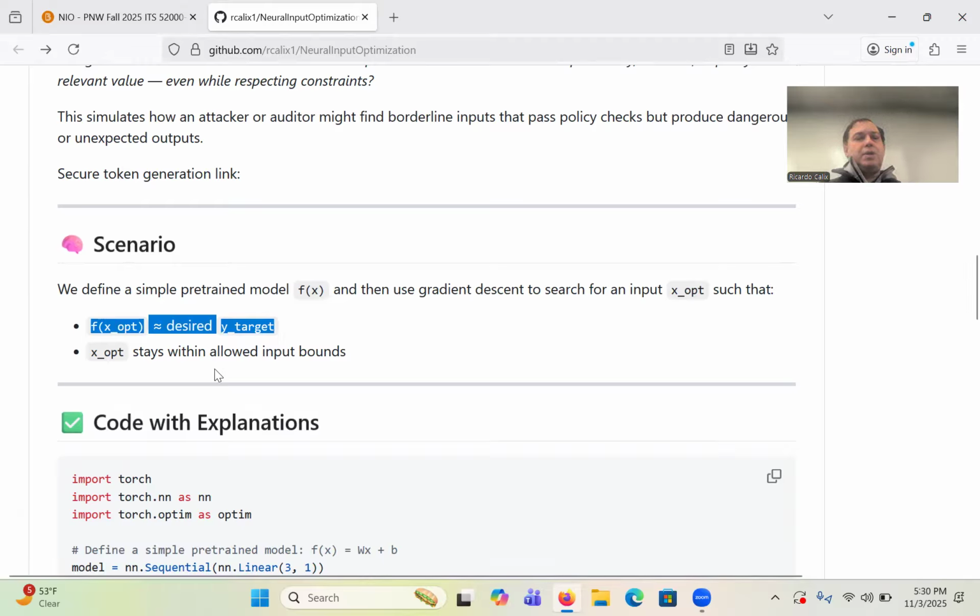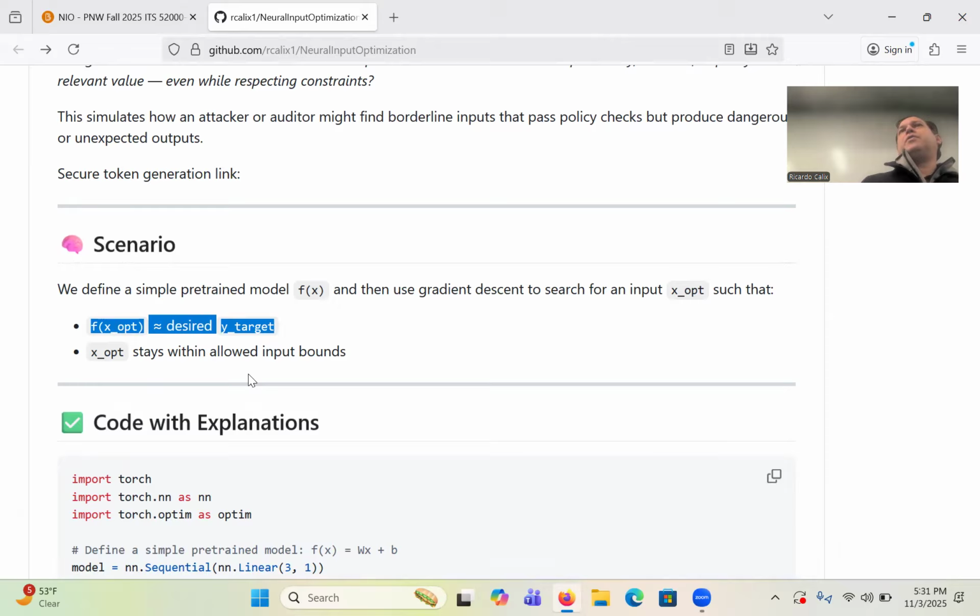So x_opt stays, and also we can constrain the range of values of the y target, or also constrain the values of the input, right? So for instance, there are things that are non-physical, right? So temperature, let's say negative temperature, right? So then you would limit it to 0 to something else, or producing, I don't know, some amount of Kelvin somewhere on a device, right?